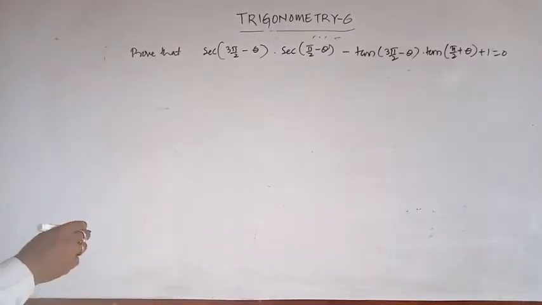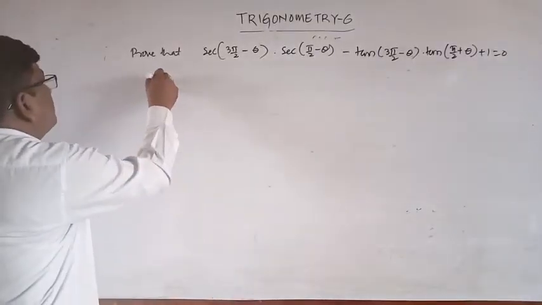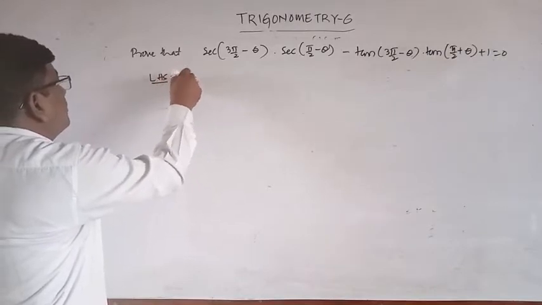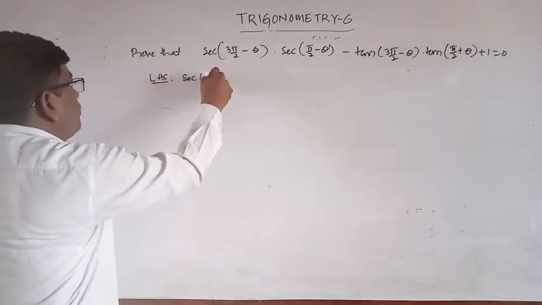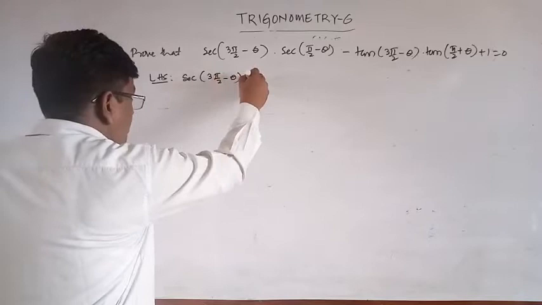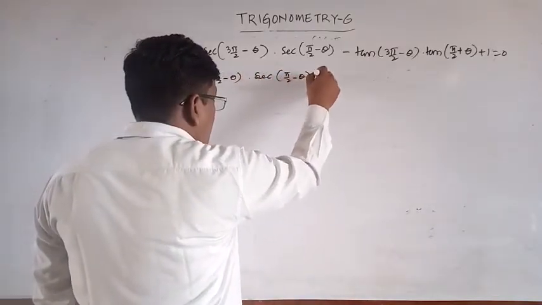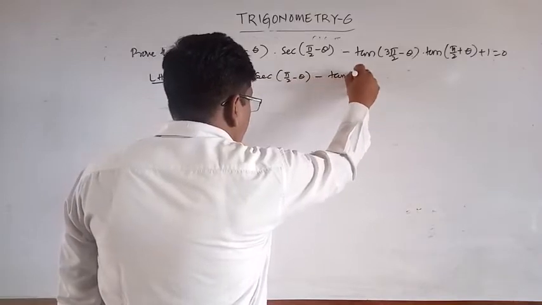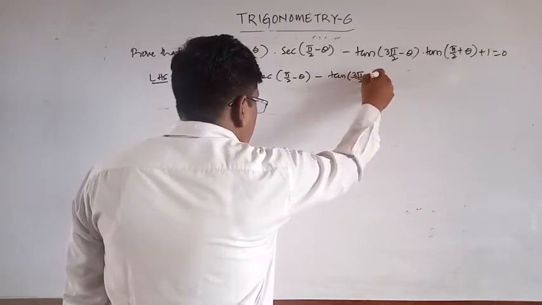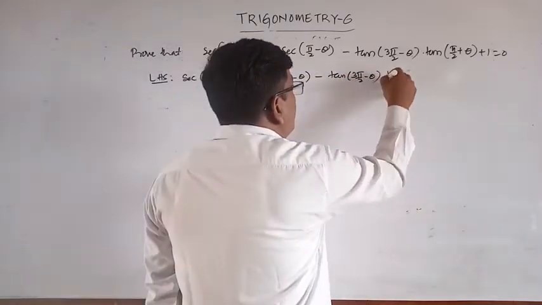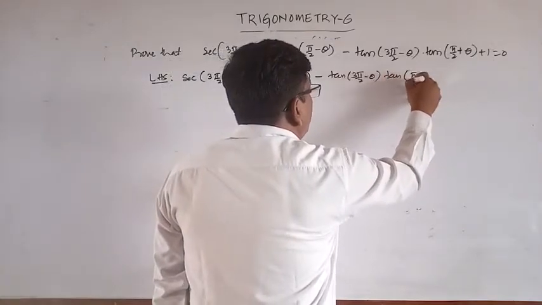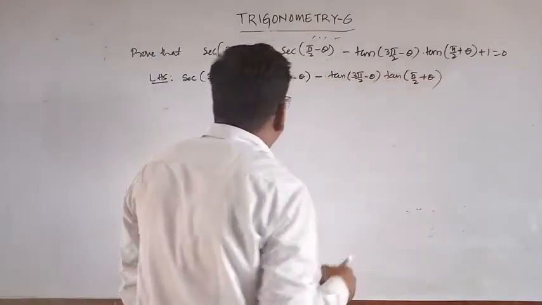This is left hand side: sec (3 pi by 2 minus theta) into sec (pi by 2 minus theta) into tan (3 pi by 2 minus theta) into tan (pi by 2 plus theta). This is left hand side.